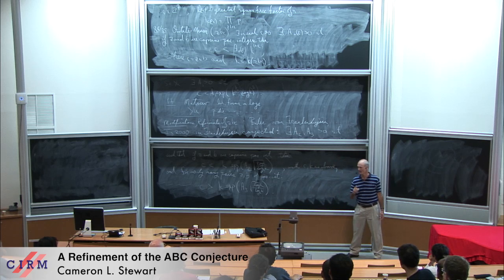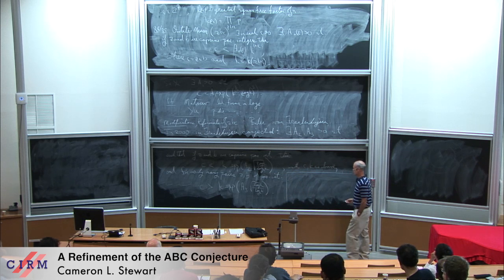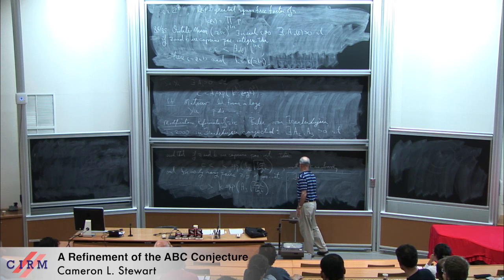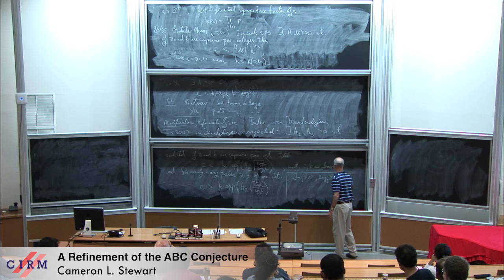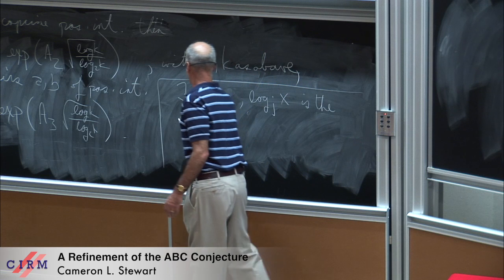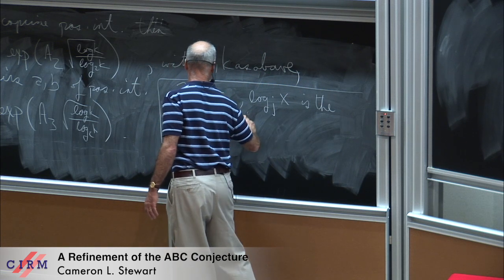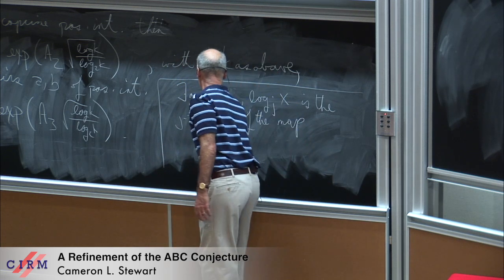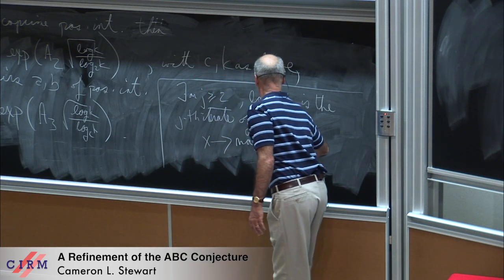And now let me come to Vadim's point, and that is I just want to avoid trivialities. So in this lecture, for j bigger than or equal to 2, log sub j of x is the jth iterate of the map that sends x to the max of 1 and log x.